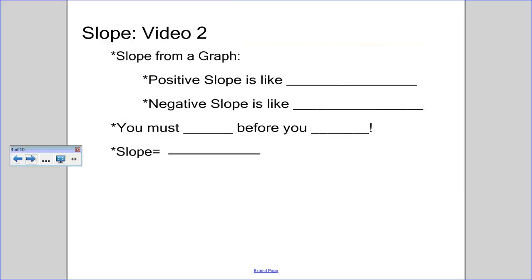So, if we look at our notes here, we've said that positive slope is like climbing stairs, which means from left to right you'll be going up, and we said negative slope is like sliding down.